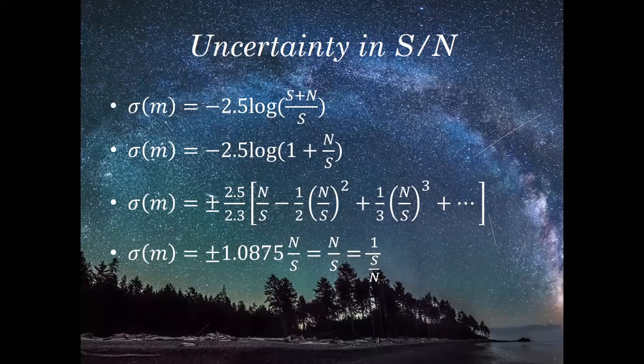You can write it in Taylor's expansion as 1 by 2.3 times N by S minus 1 by 2 factorial N by S whole square plus 1 by 3 factorial N by S whole cube, then minus 1 by 4 factorial N by S whole raised to 4, and so on. These terms will continue to infinity. This is how you can write log of 1 plus this quantity.